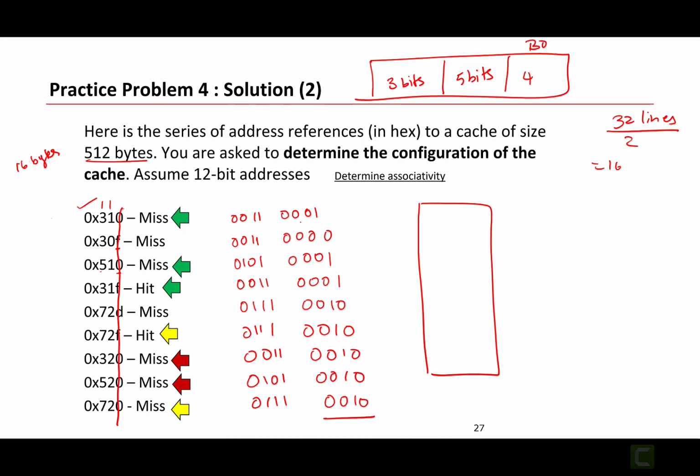So I would have set index 1, it has a tag 3, and then set index 0, tag 3 again, so both of them are misses. So far we are good. And then we have set index 1, tag 5.